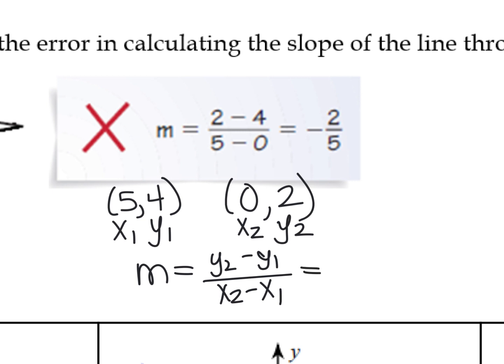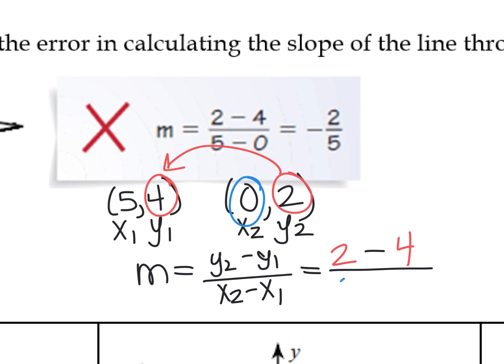So our y2 is 2, which they do have first, minus y1, which is 4. 2 minus 4. Now let's do the bottom. If I fill in x2 first, x2 is 0, minus x1, which is 5.